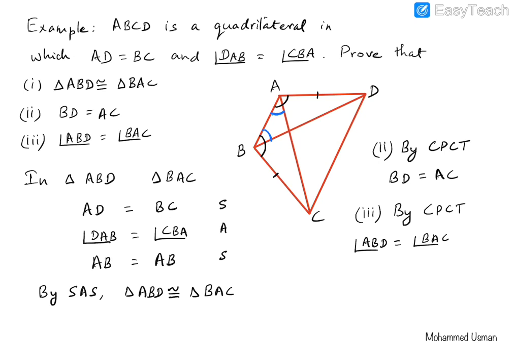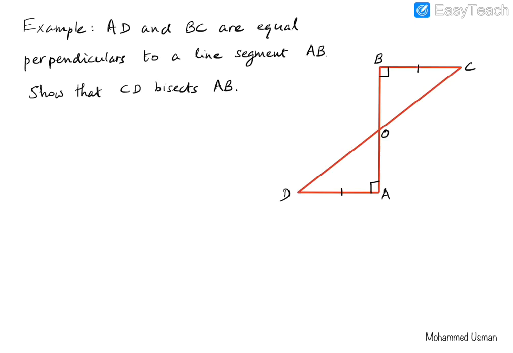Let us now do one more example to show the congruence and to prove some properties of the sides of the triangle. So here we are given this particular diagram, and it is given that this line AD and BC are perpendicular to the line AB. So we have a line segment AB, and there are two lines drawn, BC and AD, which have the same length and are perpendicular to the line segment AB.